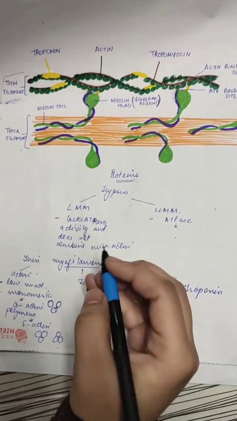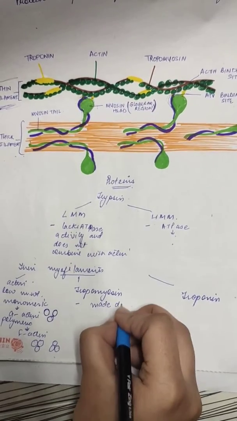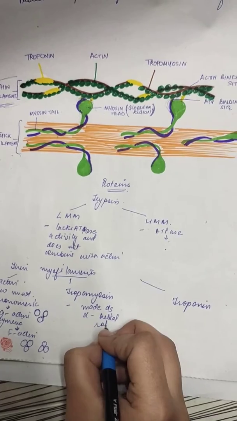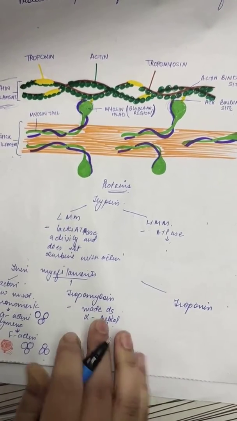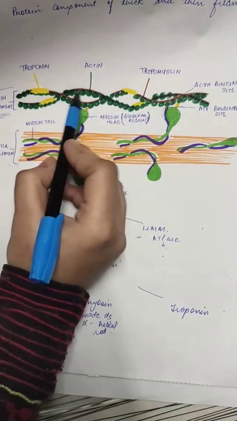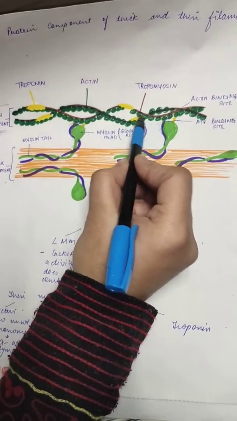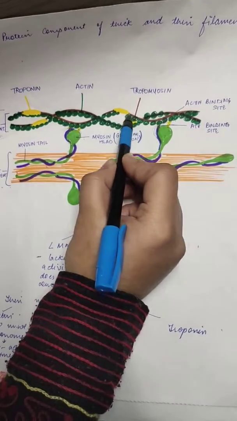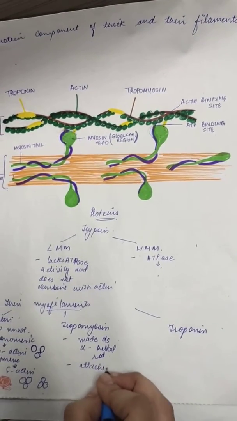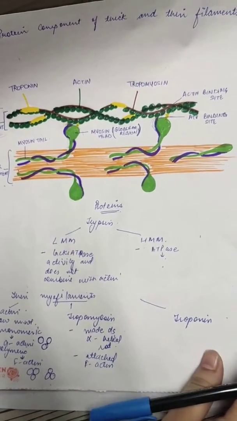Now tropomyosin. The tropomyosin is made up of a double-stranded alpha helical rod, and it is attached to the F-actin. This complete structure is F-actin. This brown color is tropomyosin. And last but not least, troponin.